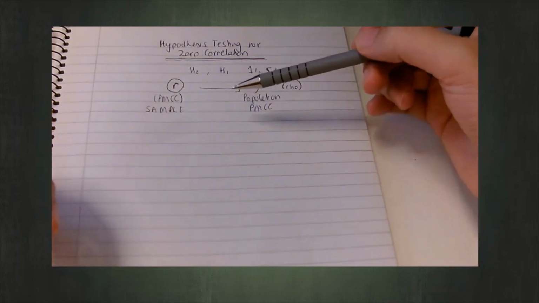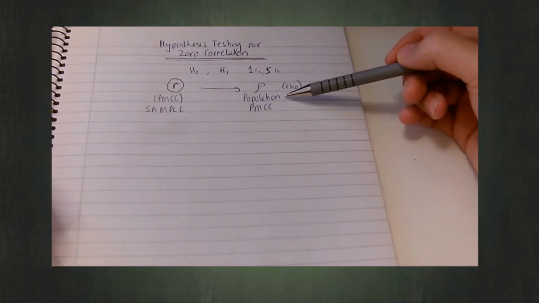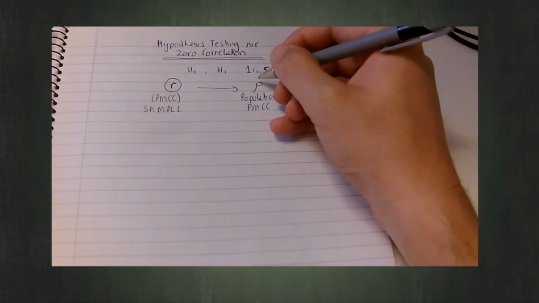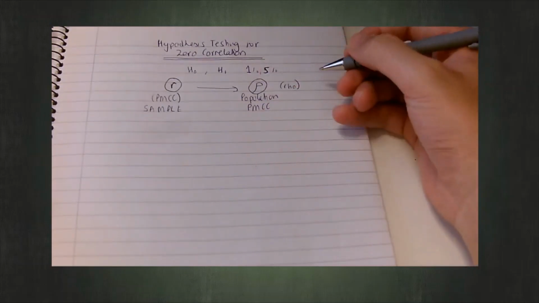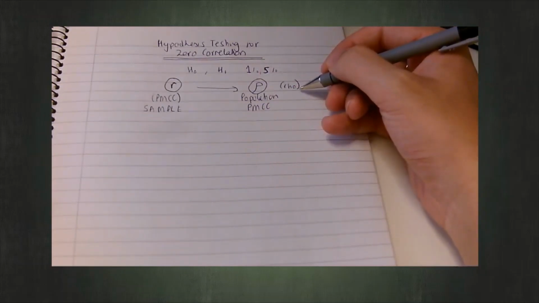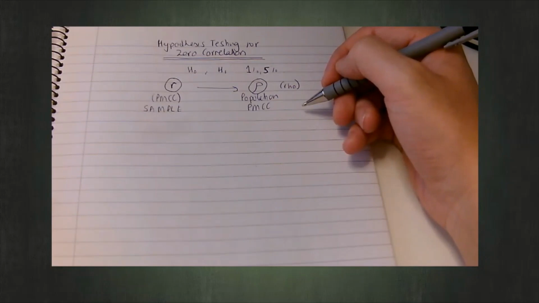Is it, with the significance level, significant enough to be used as an estimate for the population PMCC? And the symbol for the population PMCC is this weird looking p, which is actually called rho. Okay, RHO, say it like that.